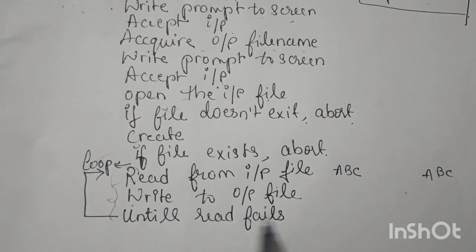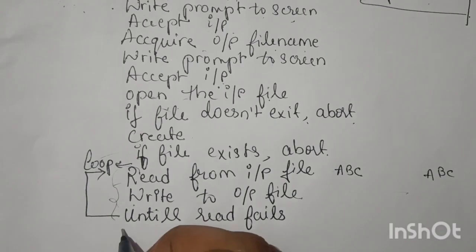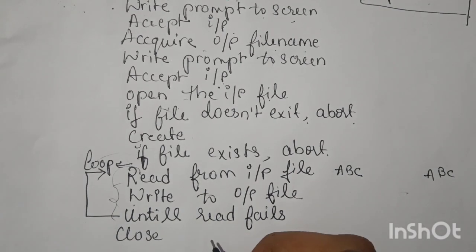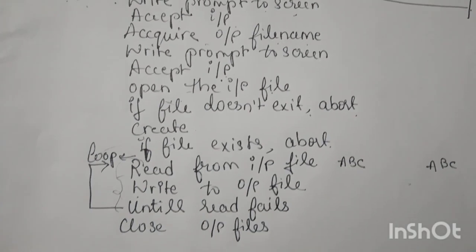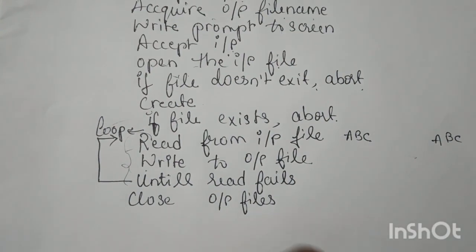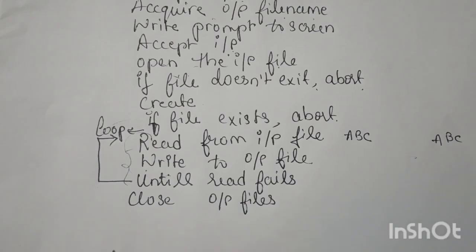Now after that, you're done with reading and writing, and you have to close the files. So first I will be closing both the output and input files. Once you have closed your output file, you have to indicate that you have completely copied from your source file and written to your destination file.